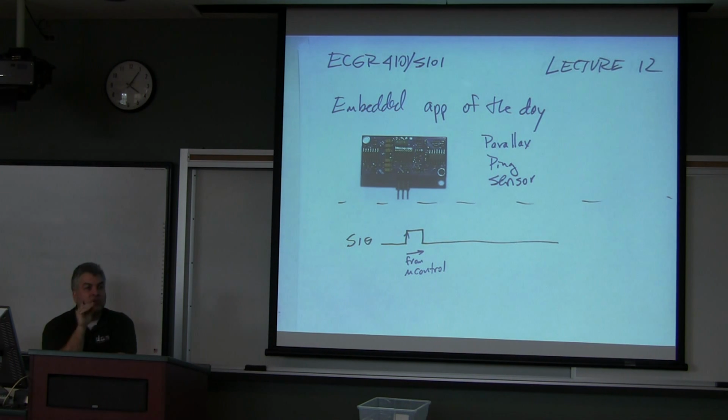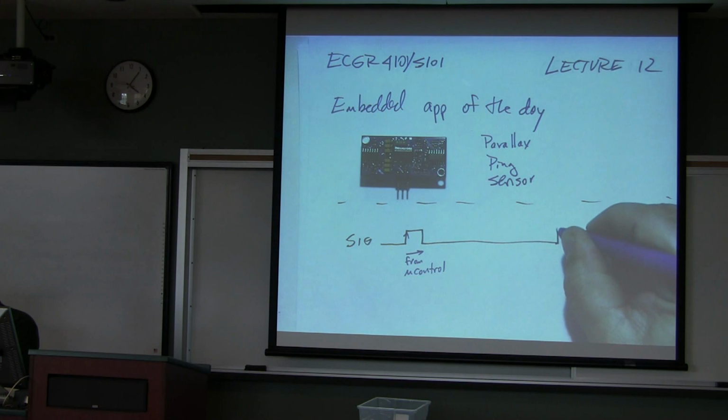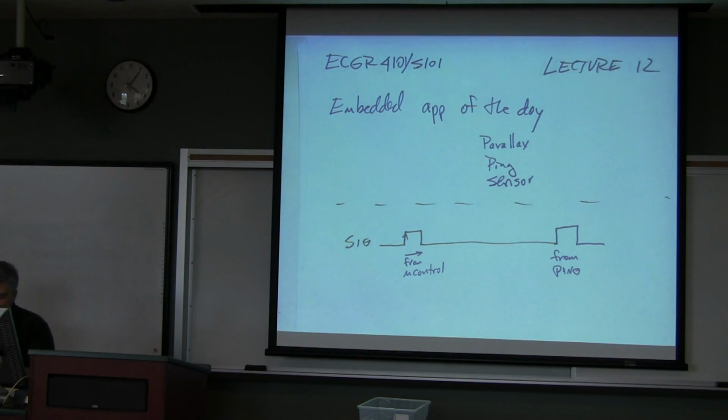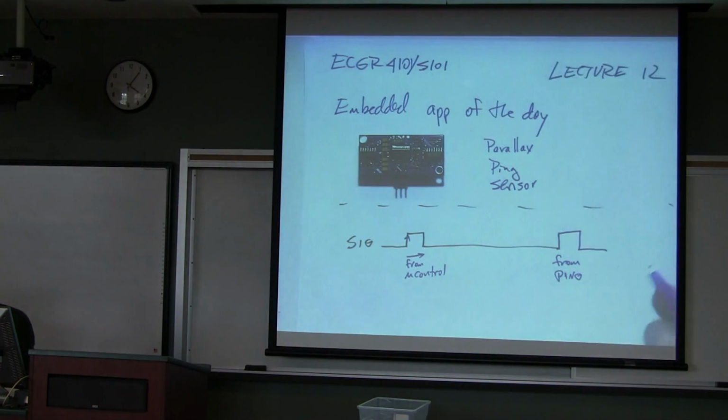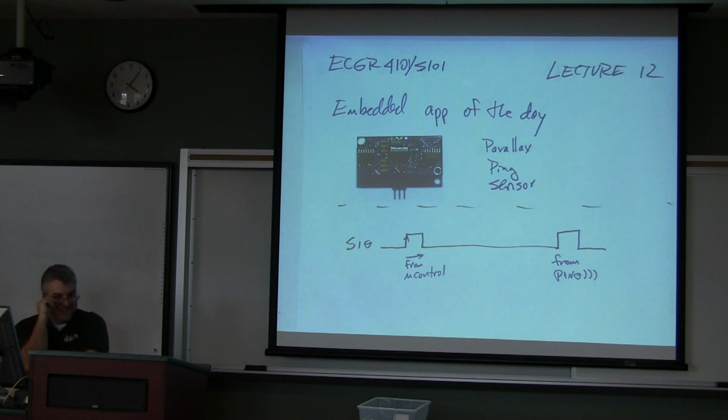And when it reaches a certain threshold of energy, meaning I got a good reflection back from something else, then it will return a pulse from the ping. It is not just called a ping, it's called a PING. Here we go. That's how they spell it.